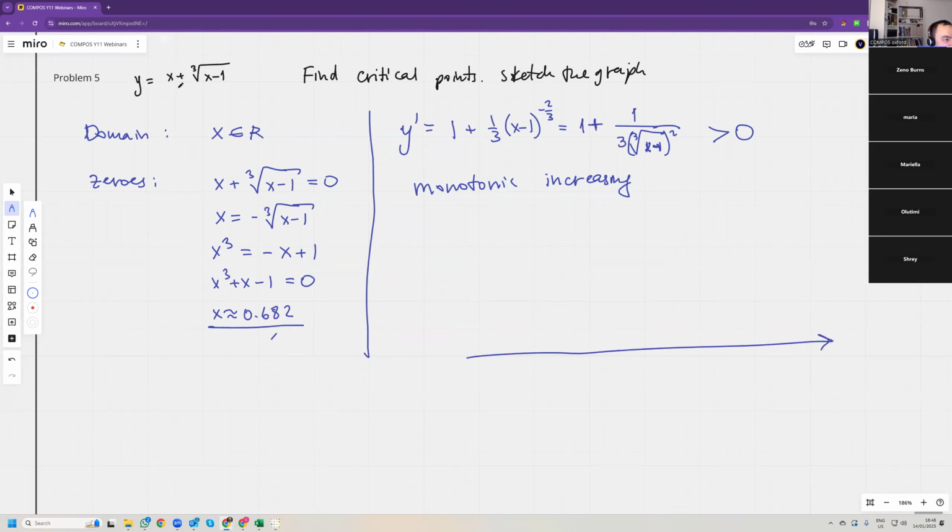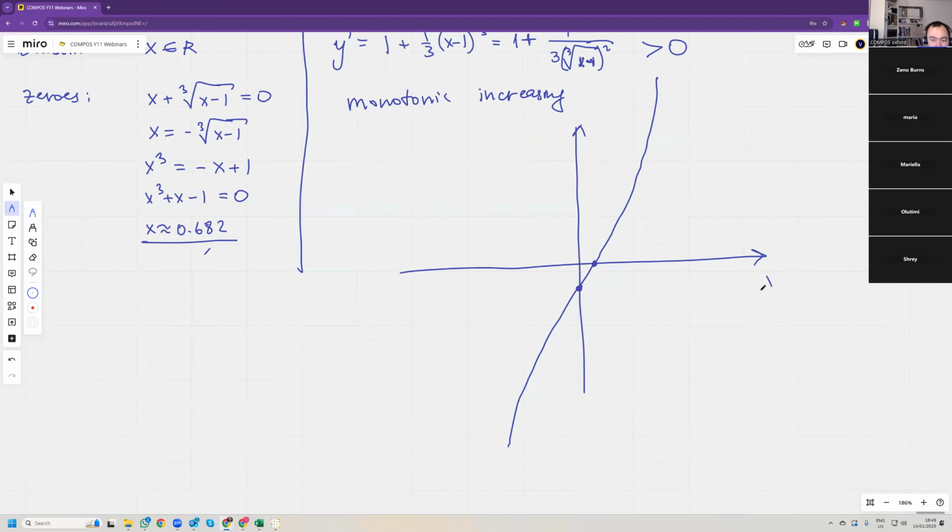So you can see that it becomes x plus minus 1. So it has a y-intercept of minus 1. And it has a 0 at about here. So I'm suspecting the function would go something like this, bending slightly up and bending slightly down here.